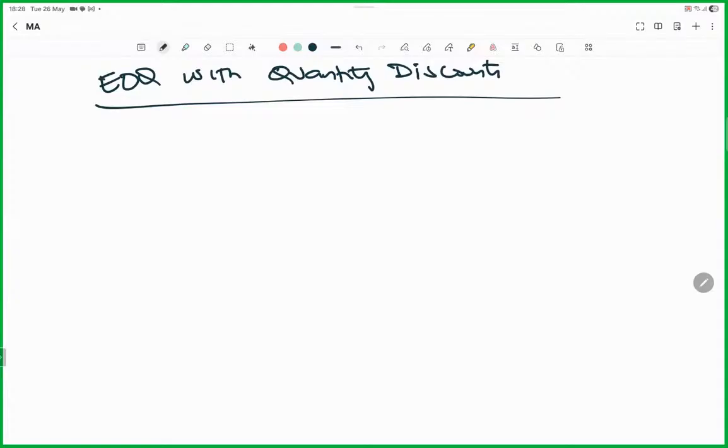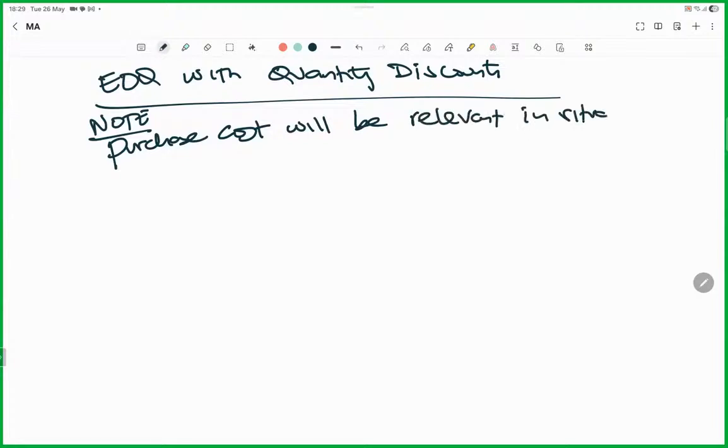So remember, the great idea here, which you must know, what you're supposed to appreciate, ladies and gentlemen, is the fact that purchase price, purchase cost will be relevant in situations where discounts are provided.